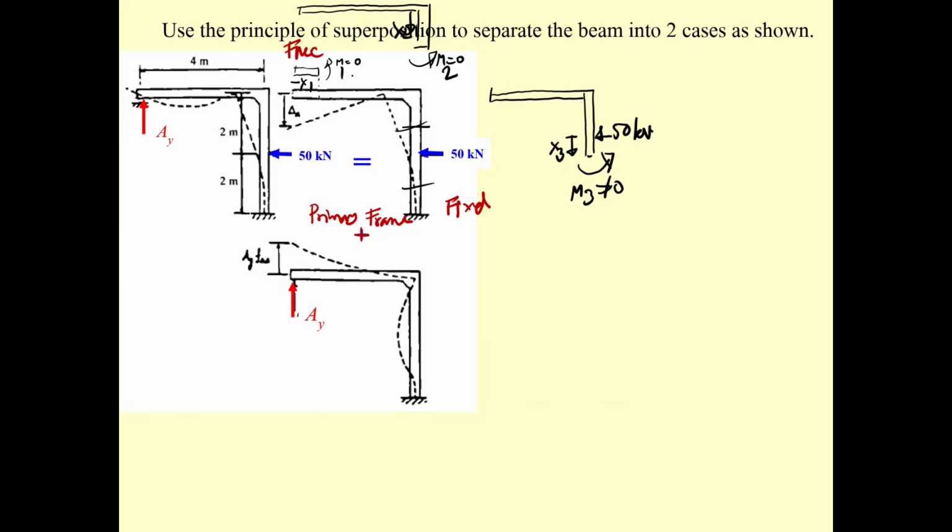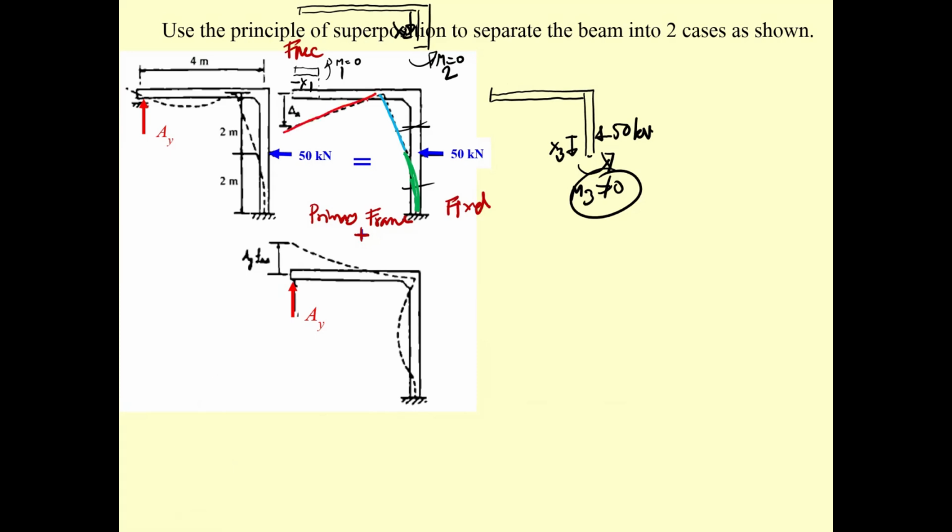What is important? The portions due to M1 and M2 are going to be straight lines, and the portion for M3 is going to be curved. You should be able to know this is going to be curved. Okay, this is a curve, and then this is going to be a straight line, and this is going to be a straight line.